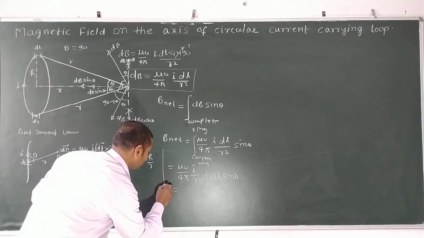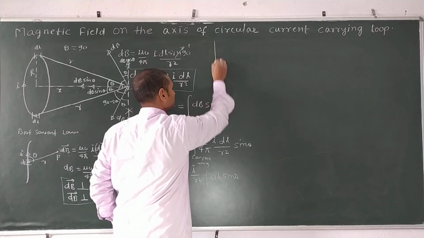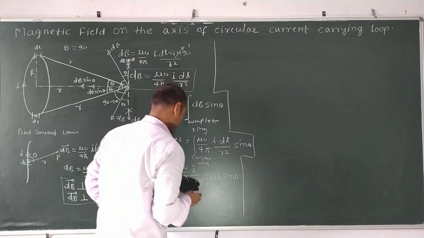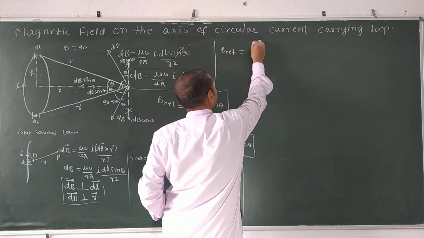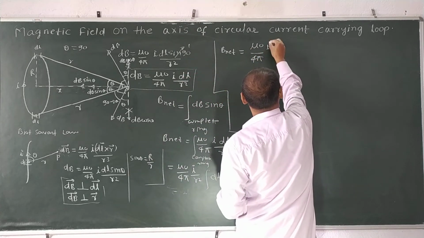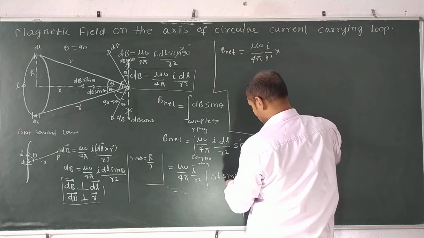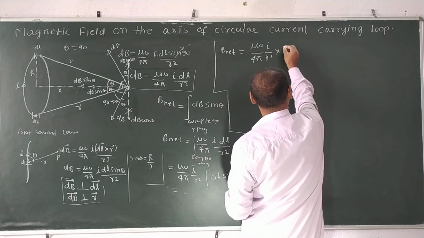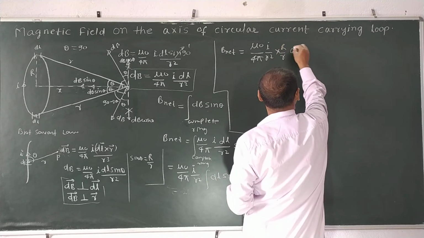So here we can write B net equal to mu naught upon 4 pi, I upon r square, and due to sin theta, R upon r, it comes out, and dl will be the remaining.